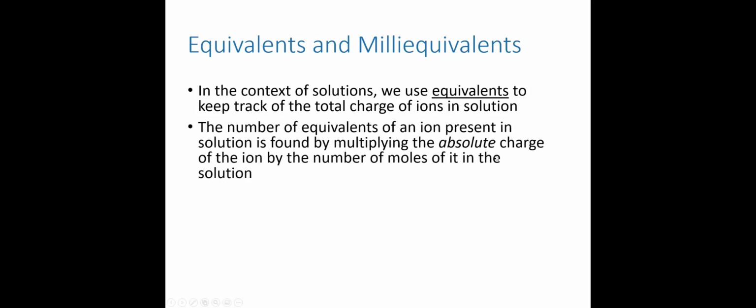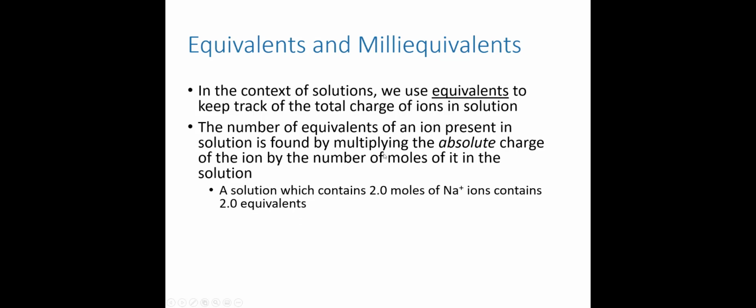So the way we find the number of equivalents of any ion that we have in the solution, and I want to emphasize that, an ion, or in the case of something which is not charged, we would just say the compound itself, is by multiplying the absolute value of the charge of the ion by the number of moles that we have in the solution. And when I say absolute charge, that just means that we take the charge as if it's a positive value, even if it is negative. You just convert the number to a positive number.